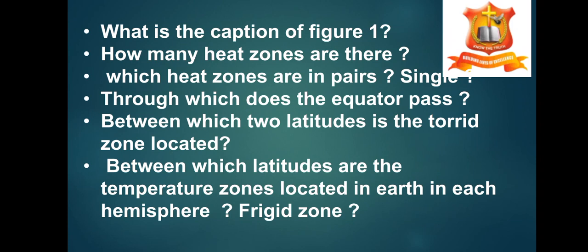Higher the altitude, lower the temperature. What is distance from the sea? That is known as continentality. Temperature is moderate near the sea. It means temperature near the sea is always moderate and it is extreme in the interior of the land. Got it? Now what about winds? Winds modify the weather by raising or lowering the temperature.